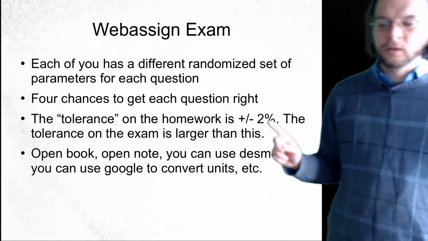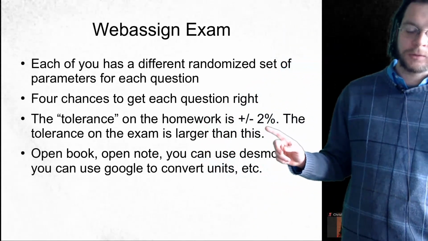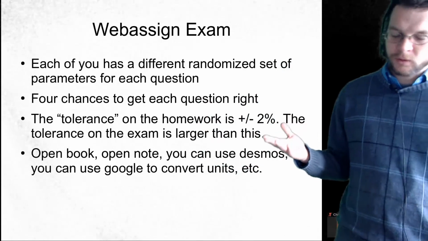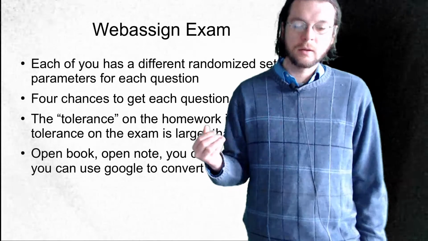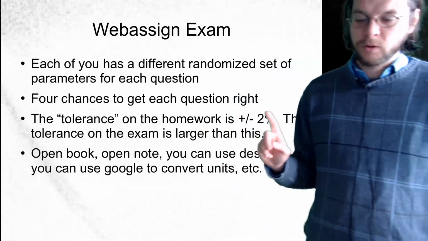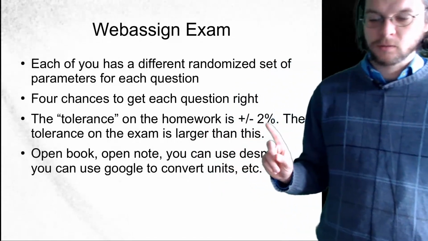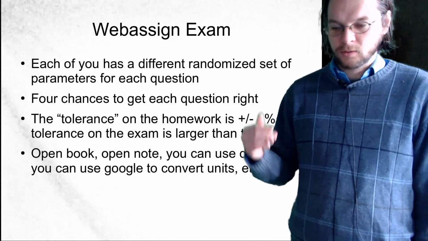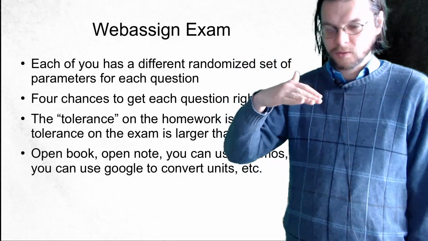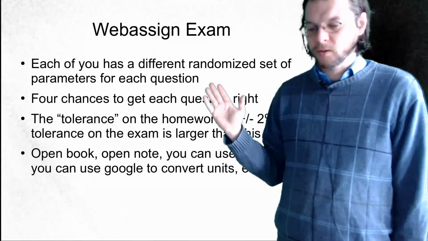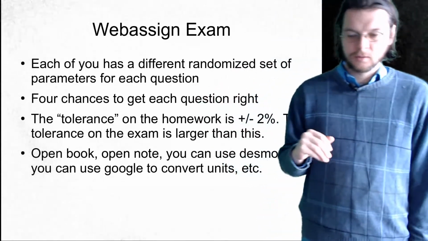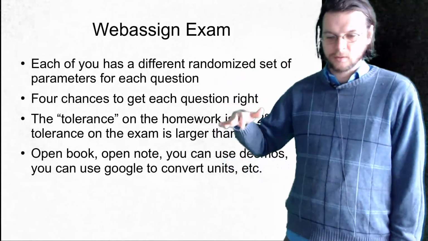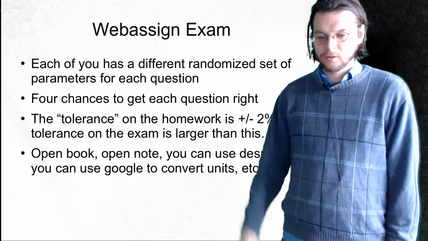On the homework, the tolerance is plus or minus 2%. So if you use 3.14 instead of 3.141, something like that, this is pretty tight, and I've seen a number of cases in which people are on the right track, the first 2 or 3 parts of the question are fine, and then the last part is wrong, because small errors early can propagate to larger errors later.